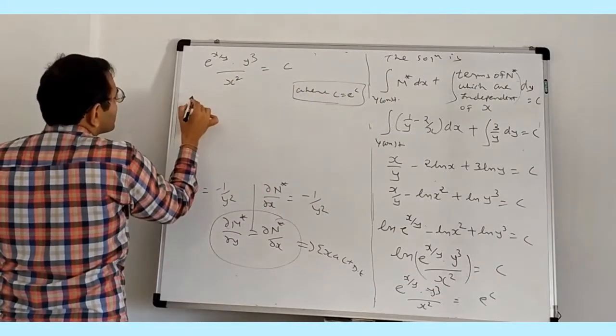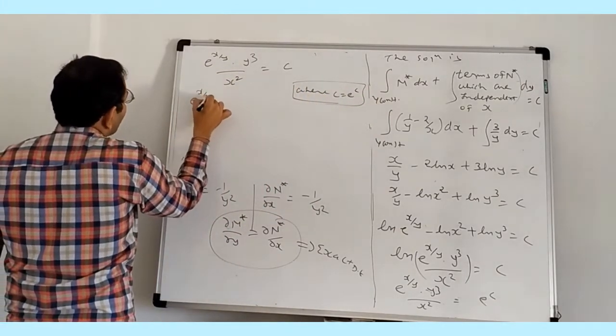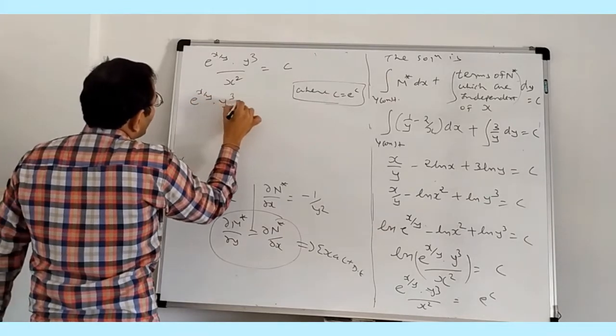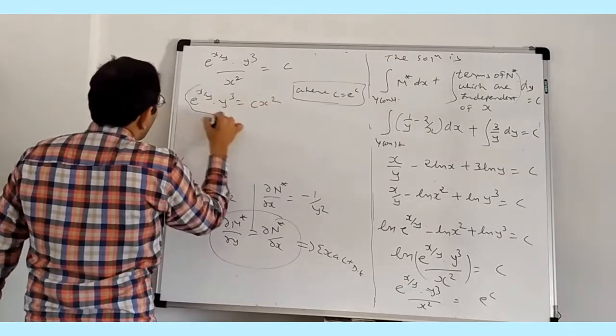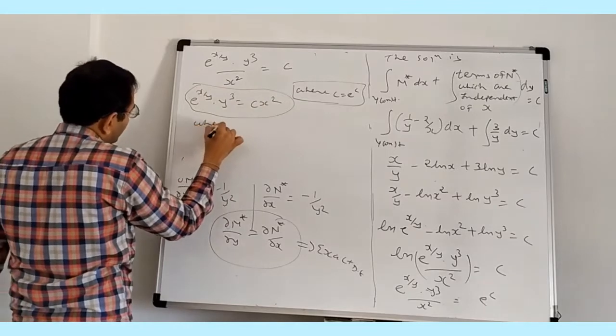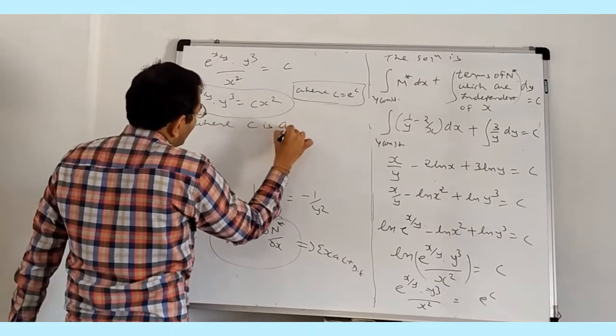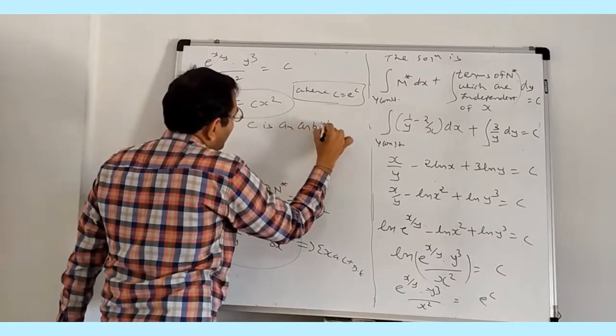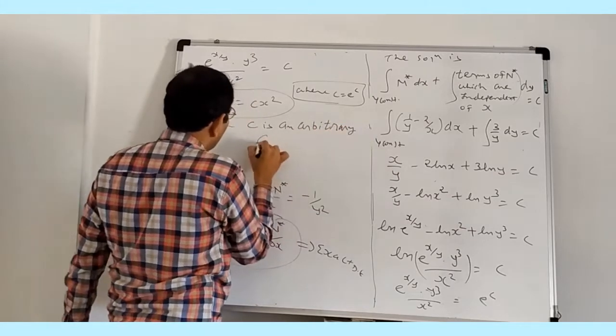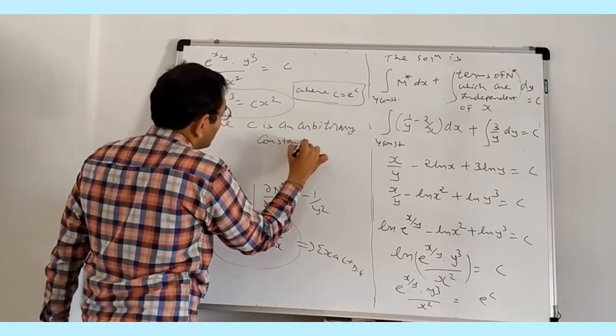Then x square goes to this side: e raised to x by y into y cube equal to c x square, where c is an arbitrary constant.